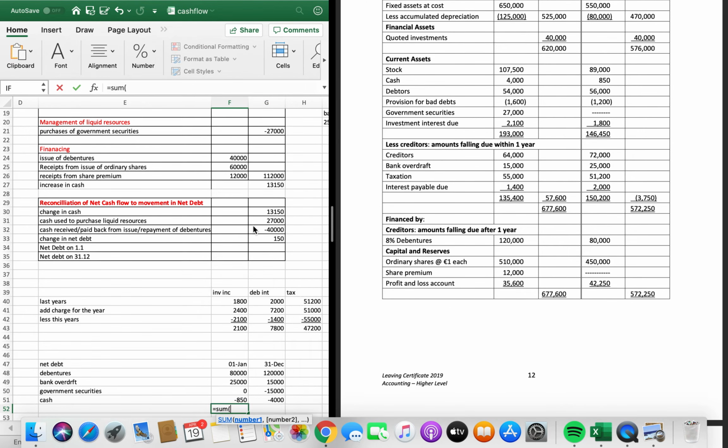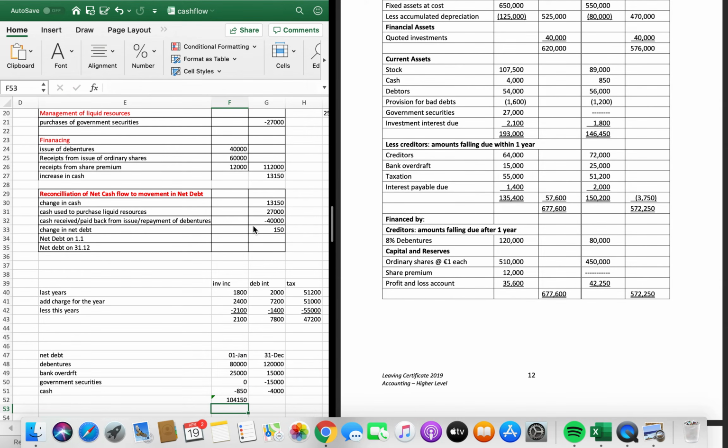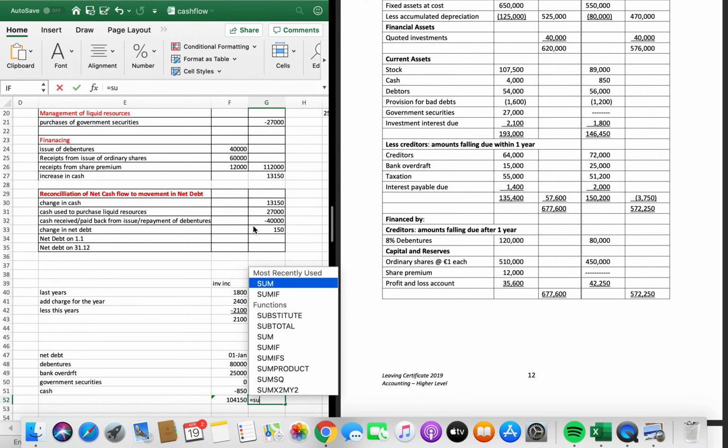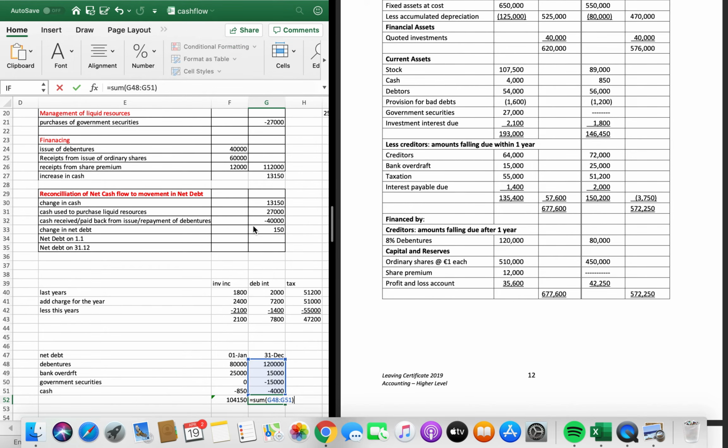So if we just check those sums, we've 104, 150. And for the other one, we've 116. That doesn't seem right. 120, and 15 is 135.